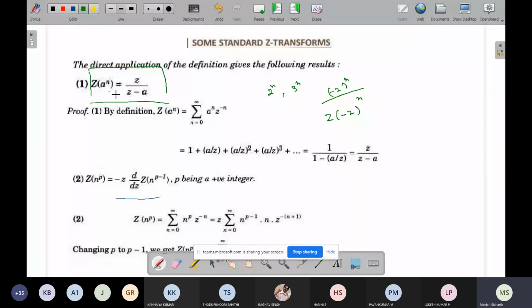By direct formula, it is z over z minus a. So a value is minus 2, and the Z transform of minus 2 to the power n is z over z plus 2. So that is by this formula. And from where did you get this formula? Let's prove this.